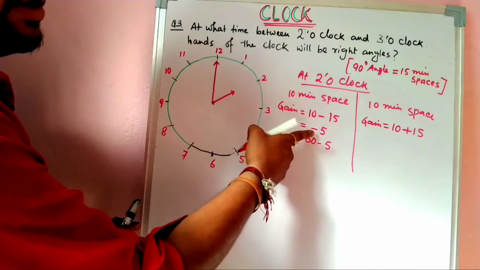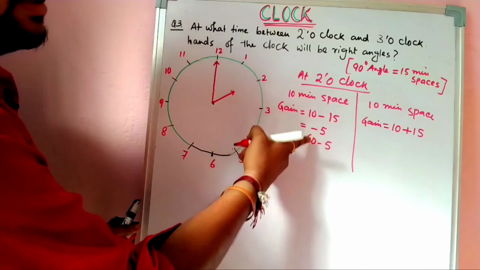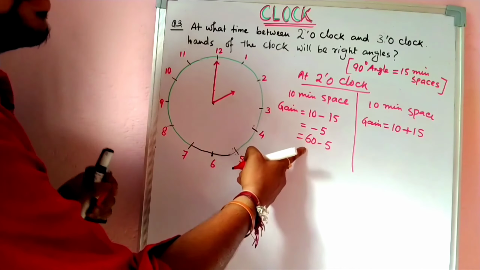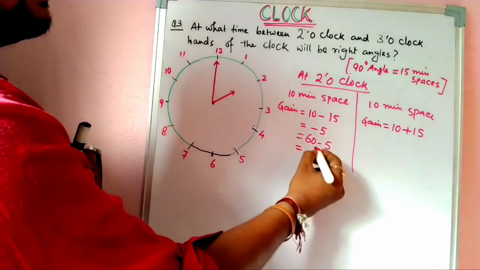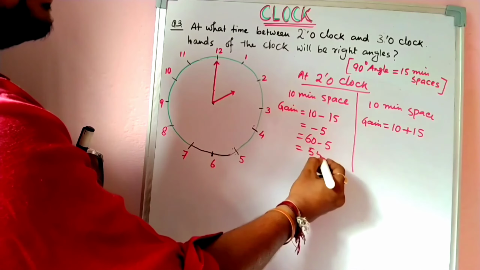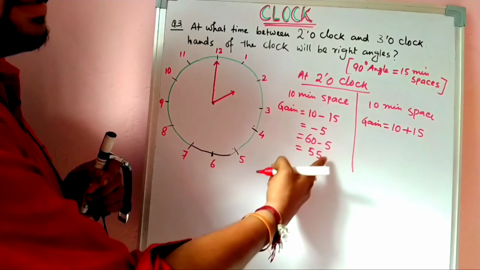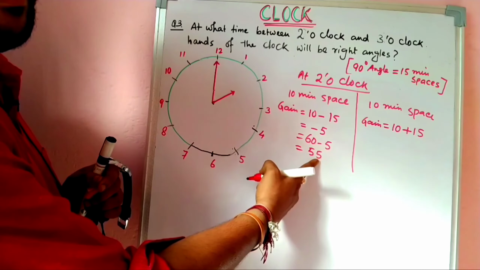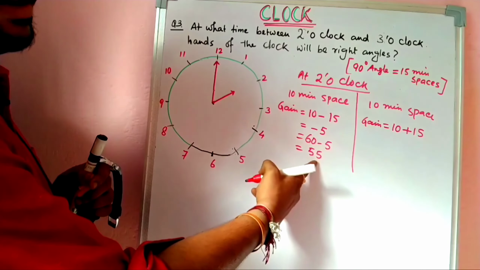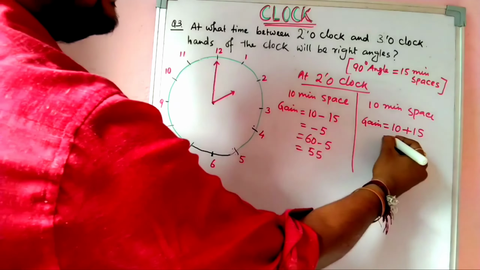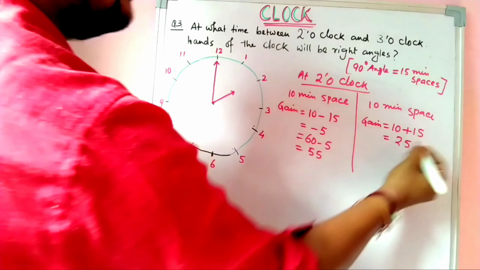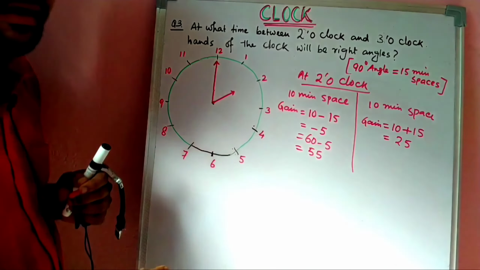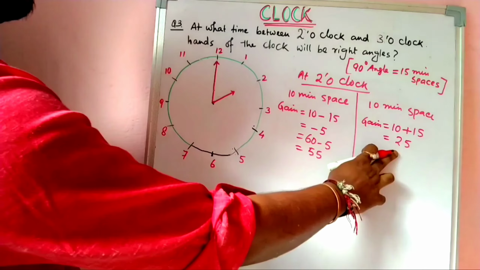Please keep it in your mind. So 60 minus 5 is 55, that means minus 5 is similar to plus 55. But here we are getting 25, and there is no problem on the right side, so it is plus 25.